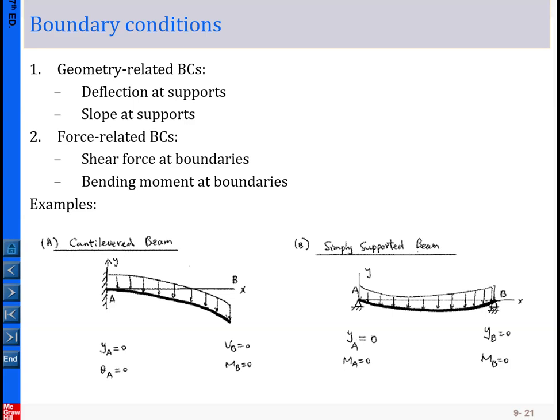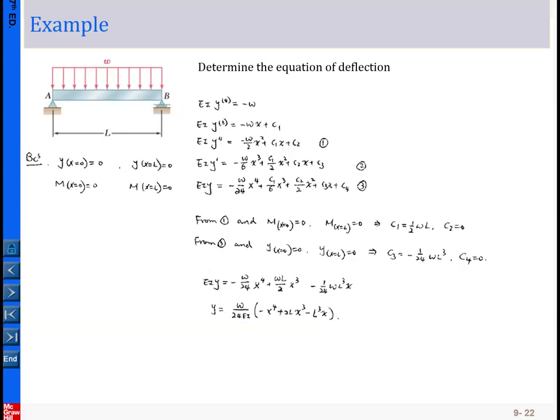Here I try to give you more summaries of the two examples we've seen in the previous slides, and we can look at the example here. This is the case of the constant distributed loading. We start from here, omega equal to constant.